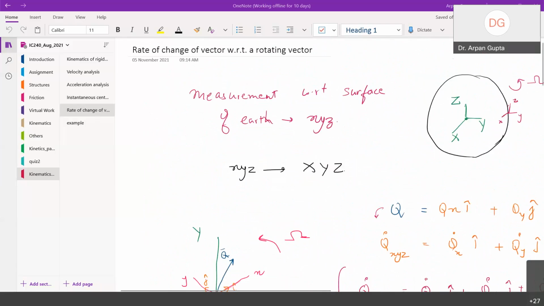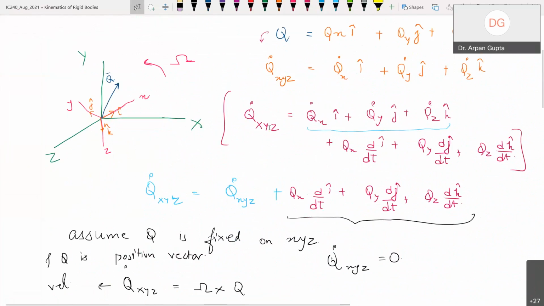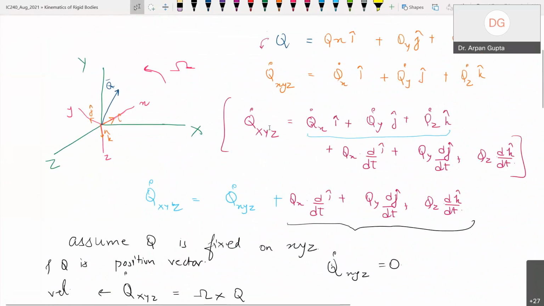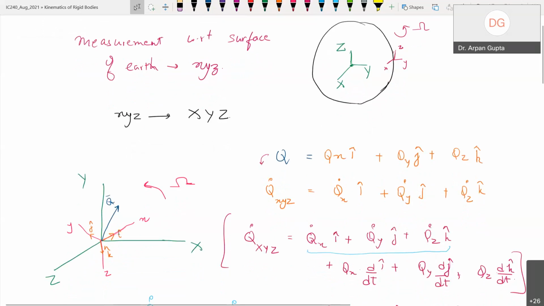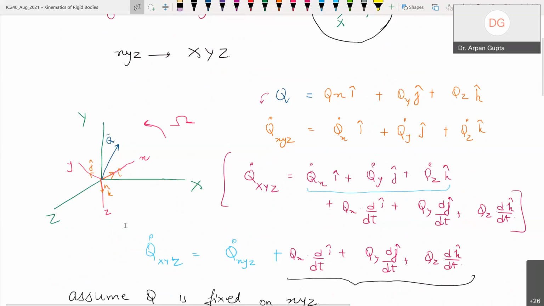So just a quick review: in the last class, we wanted to measure a quantity, let's say a Q vector, with respect to two different frames. Not just the Q vector, we wanted to measure the rate of change of Q vector, so Q dot, in the capital XYZ frame.